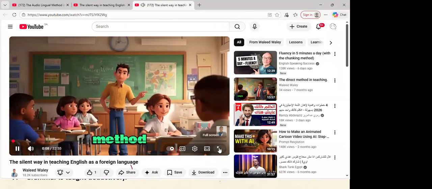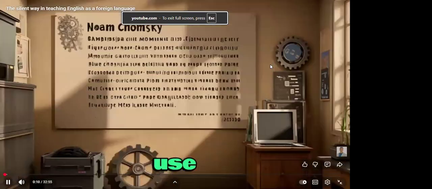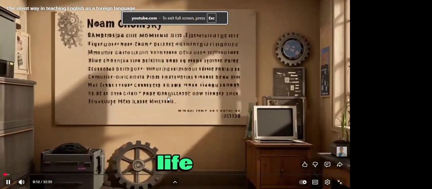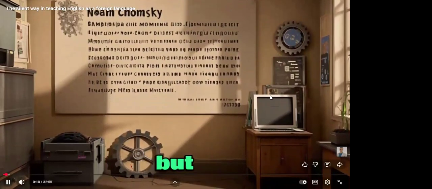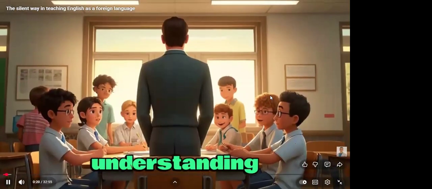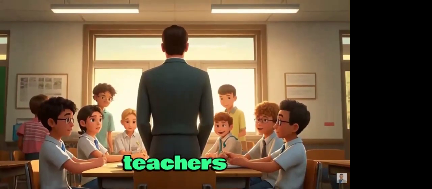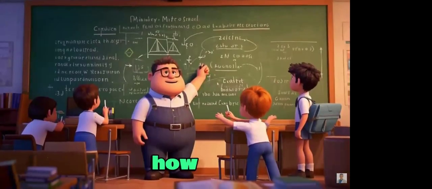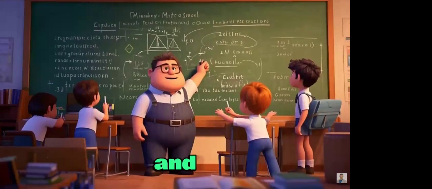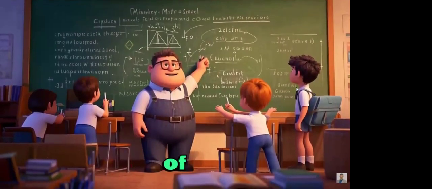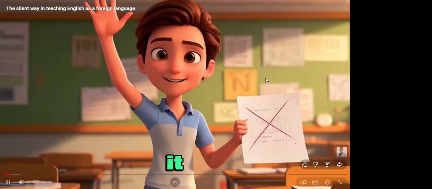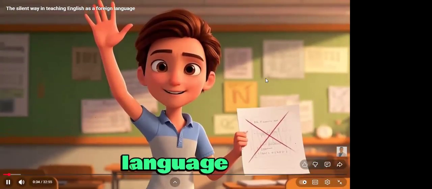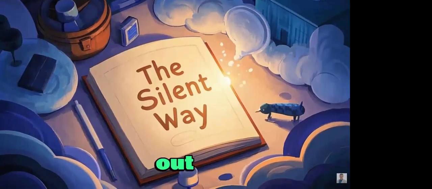The audiolingual method didn't help students use the language in real life. A language expert, Noam Chomsky, said that people don't learn language by repeating habits, but by thinking and understanding rules. This idea led teachers to focus more on how students think and learn. This new way of thinking was called the cognitive code approach. It encouraged students to figure out the rules of a language by trying things out.